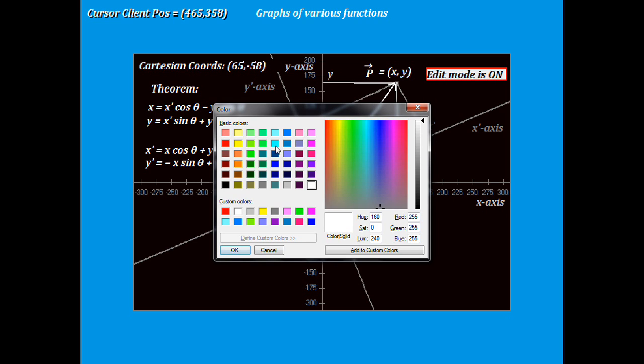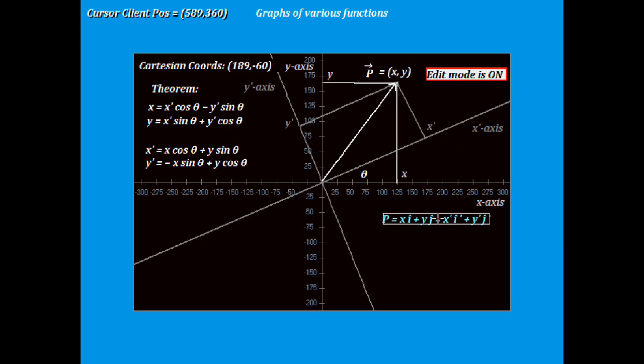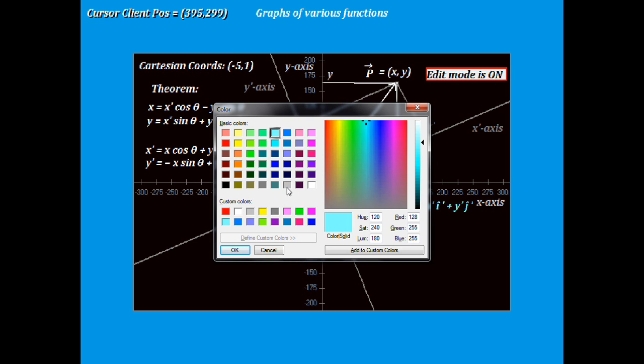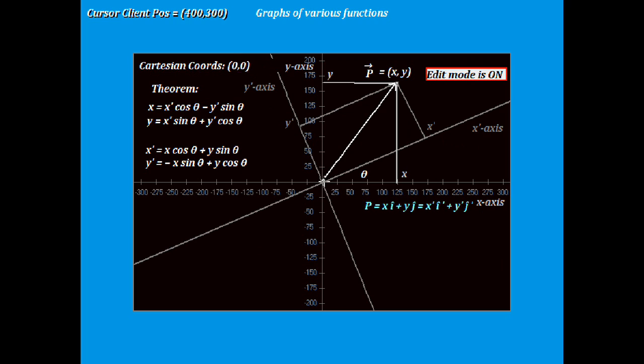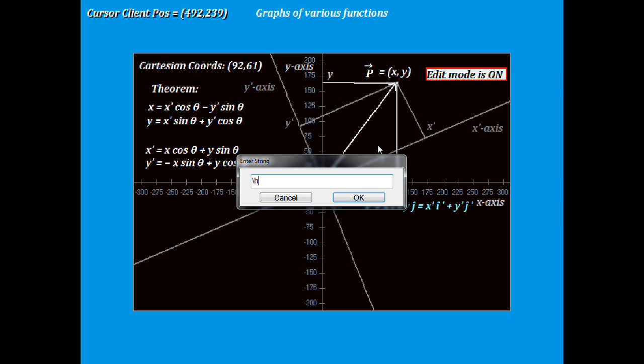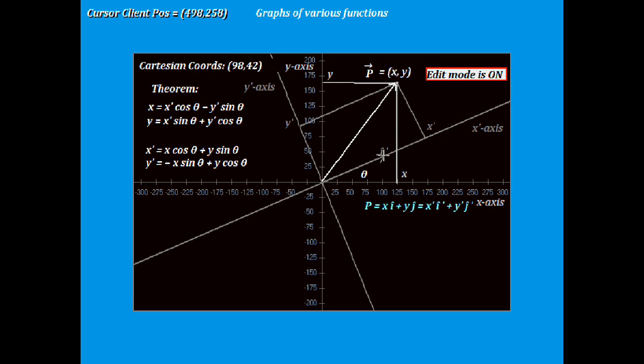White or a new color? Maybe a new color. This one. Make a lot of space. Now that certainly is true if you invented a unit vector to go along the x prime axis. Let's say it goes to here. I found if I put a space between them it looks okay.